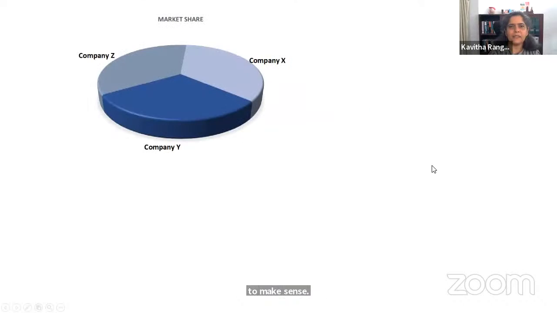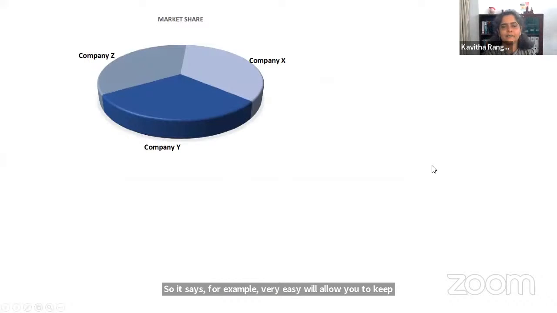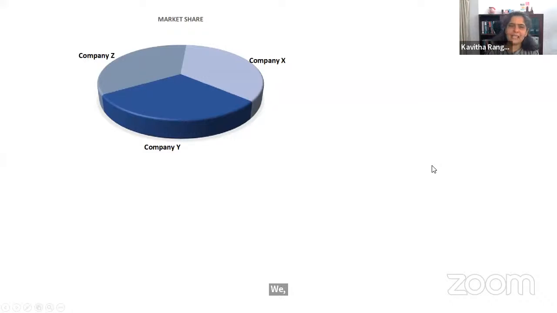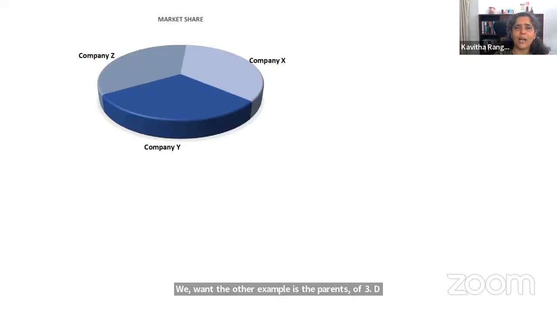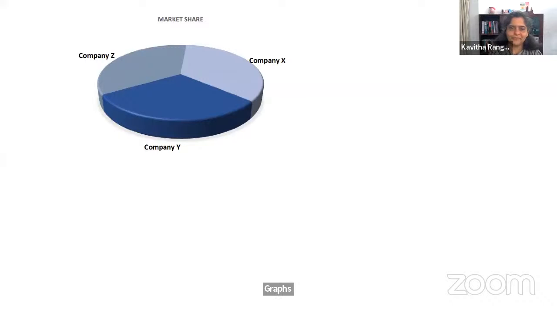The other example is the perils of 3D constructs. That's the other thing I usually say. There is only one place for all 3D graphs. Can you guess what that place is? What is the appropriate place for all 3D graphs? Show me what you think is a well-designed 3D graph, and I'll show you a better way to design it.